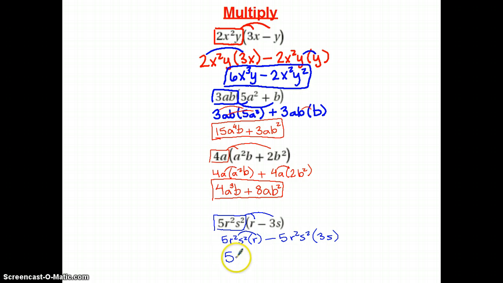R squared times r gives us r to the third when we add the exponents, and I have an s to the second, minus 5 times 3 gives me 15. I do not multiply my r squared with anything, but my s's I do multiply to get s to the third. And again, since these are not like terms, I simply leave my answer like this.